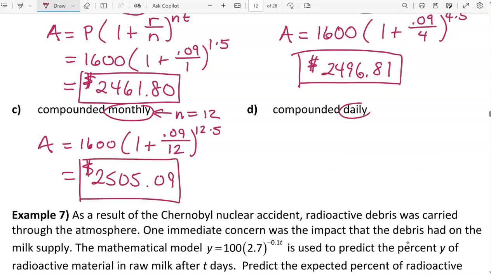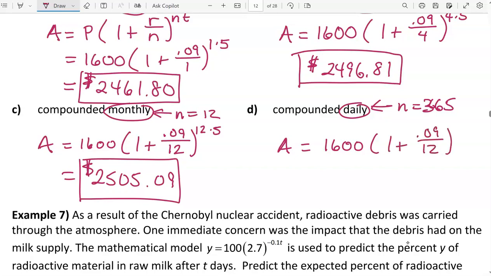And then lastly, let's look at compounded daily. There we would have n is equal to 365 days per year. So A equals 1600 times 1 plus 0.09 divided by 12 raised to the 365 times 5. And you know what? I forgot to change that 12 to a 365. Sorry about that.